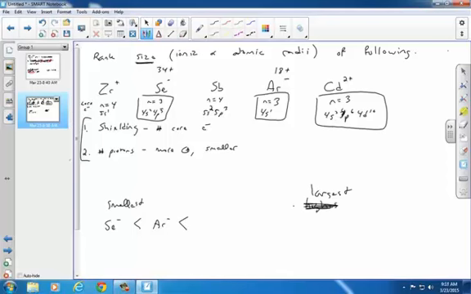So based on our ranking, going with shielding first and looking at the number of core electrons as the main thing that affects the shielding, you'd probably put the cadmium here as the smallest. It has the same number of core electrons as the argon and the selenium. I guess I just overlooked that initially when I was looking at the core electrons there. So we might find that the cadmium 2+ is actually a little larger than them, maybe just because it does have so many extra electrons in the 4th energy level, but this is a reasonable ranking based on the major factors.